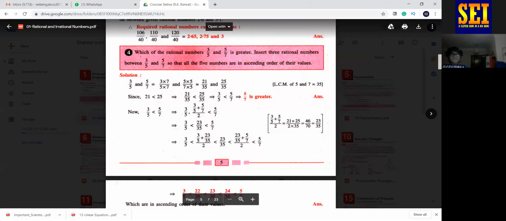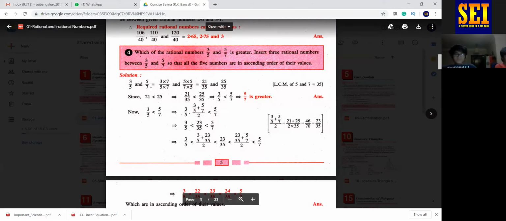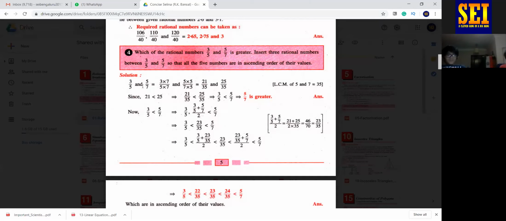Now we can discuss this kind of issue. Which of the rational numbers 3 by 5 and 5 by 7 is greater? Insert three rational numbers between 3 by 5 and 5 by 7 so that all 5 numbers are in ascending order. First we need to find out which one is greater. You can multiply 3 by 5 by 7 and divide by 7, so 3 into 7 is 21, 5 into 7 is 35.